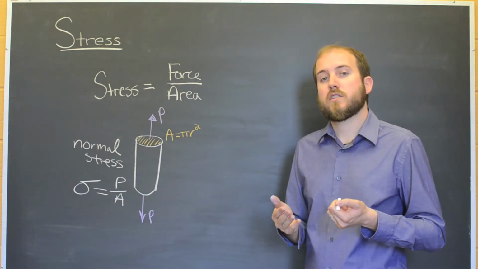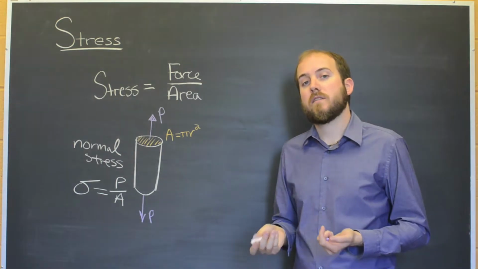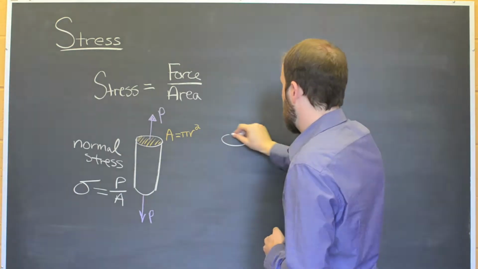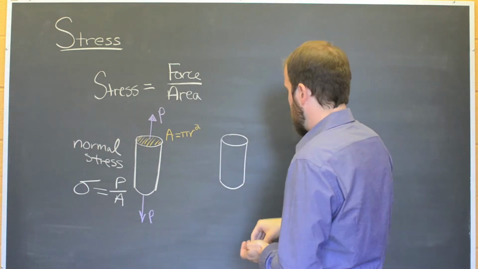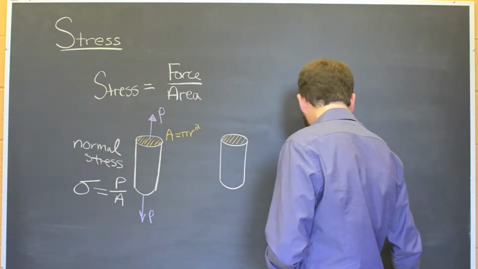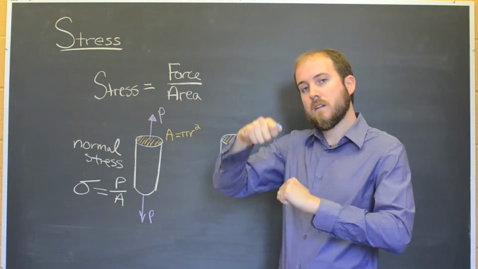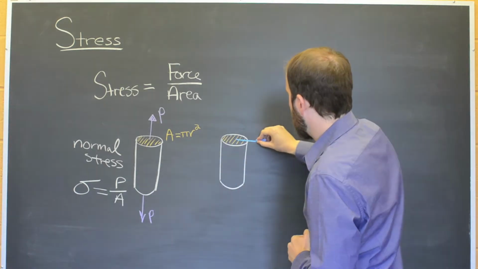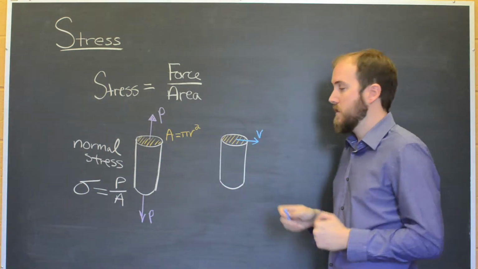As opposed to a force that's acting perpendicular to that cross-section, you could also imagine a force acting parallel to that cross-section. So let's redraw this circular rod with the same cross-sectional area. And now instead of an external force P acting along the long axis of the rod, we can imagine a force V acting parallel to that cross-sectional area.